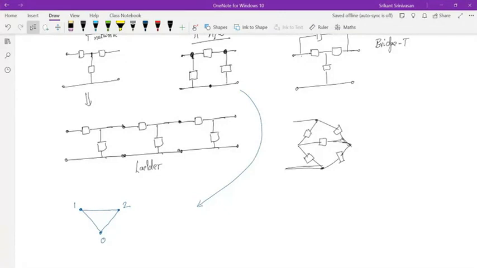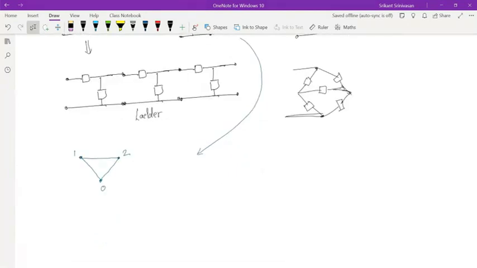So let us consider some cases. Let's say I have a network which looks like this. Okay, and I have some different nodes, and these nodes are connected by some branches.